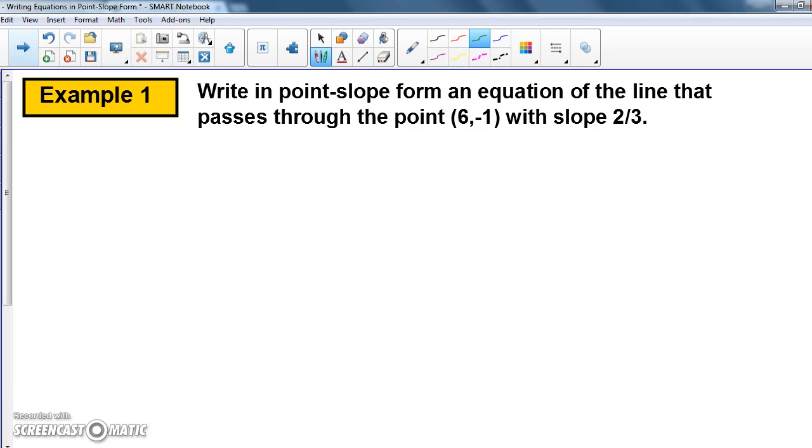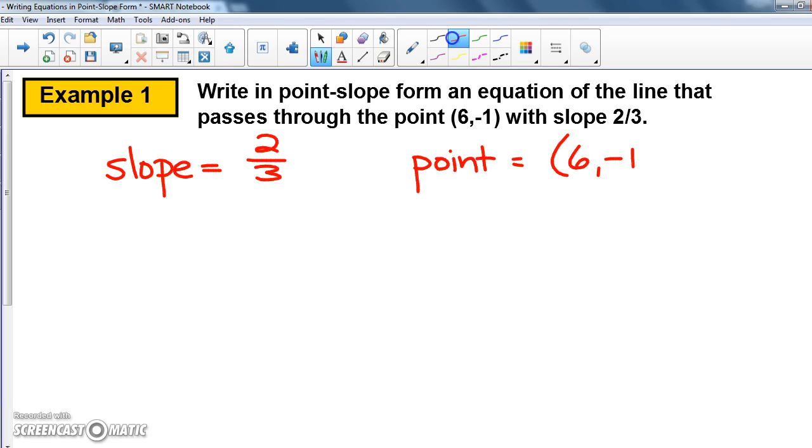So it says write in point slope form an equation of the line that passes through the point 6, negative 1 with slope 2/3. Okay, so let me just pull my information out over here. I have a slope of 2/3, and I have a point of 6, negative 1. So when I look at this point over here, this is x1, this is y1.